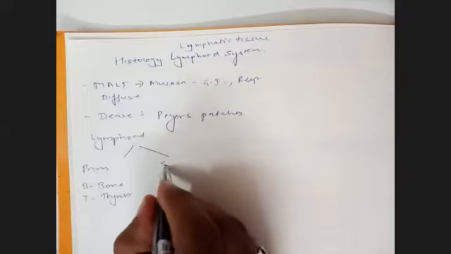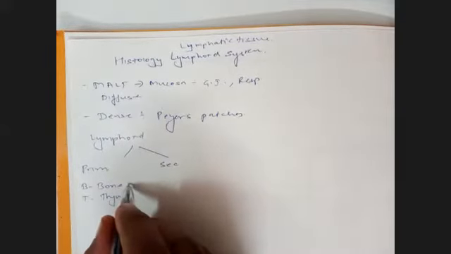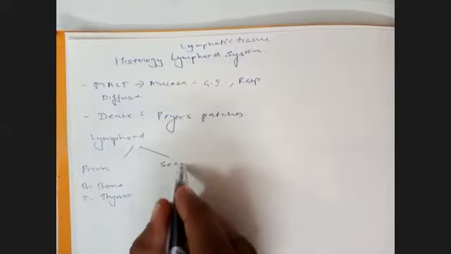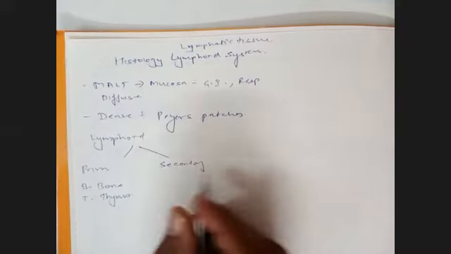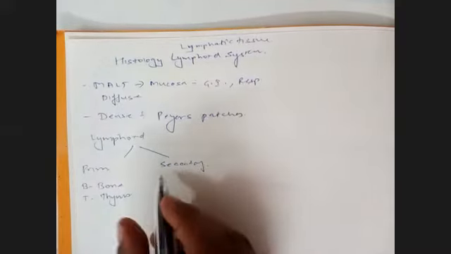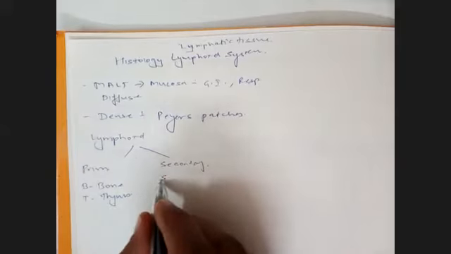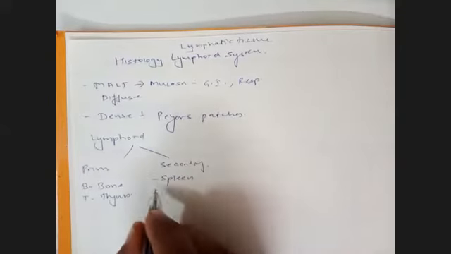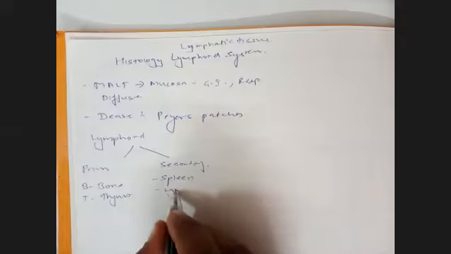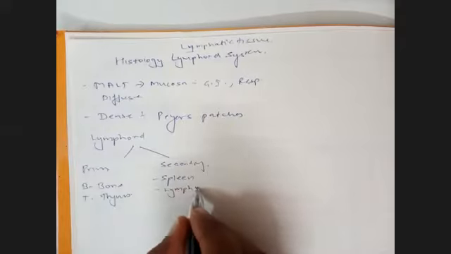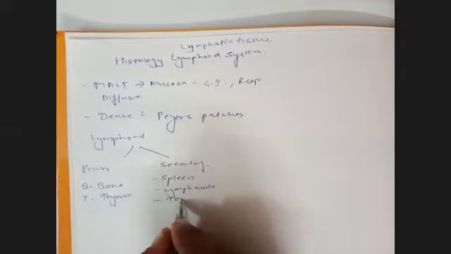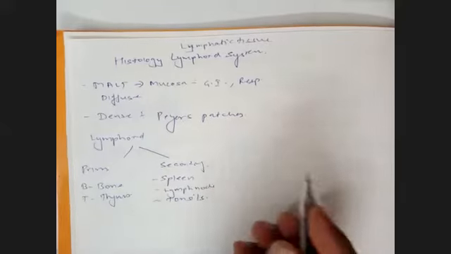And the secondary is where these matured B and T lymphocytes go and they settle down. They are called the secondary lymphoid organs, and they are the spleen, the lymph nodes, the tonsils.